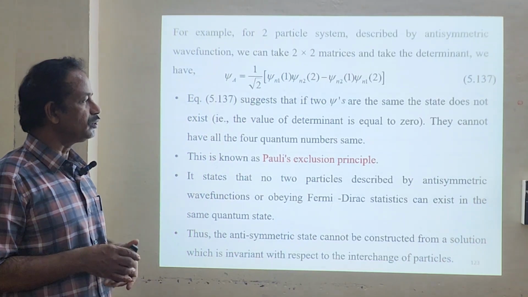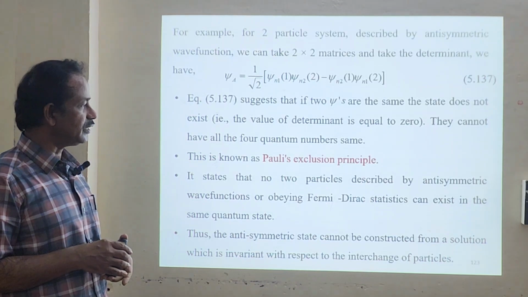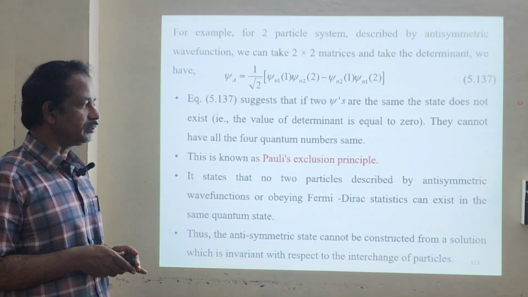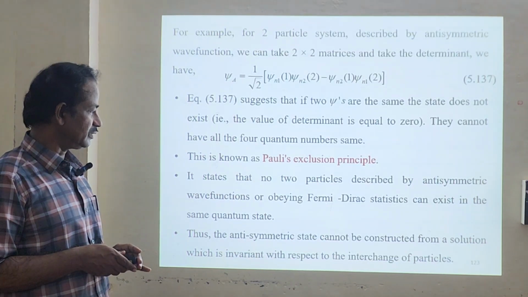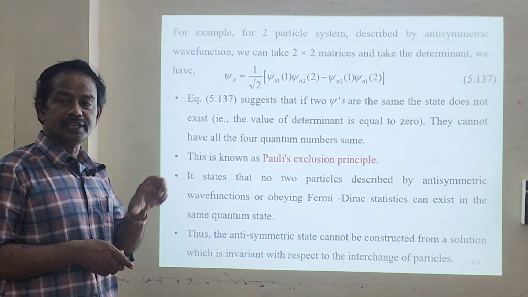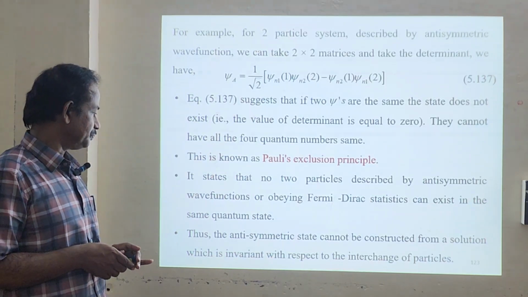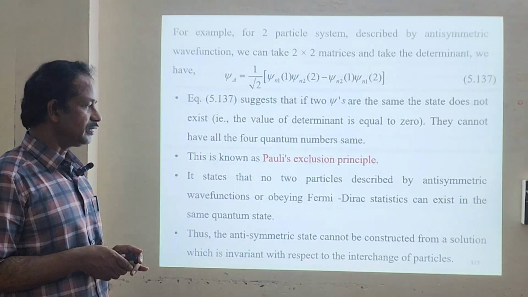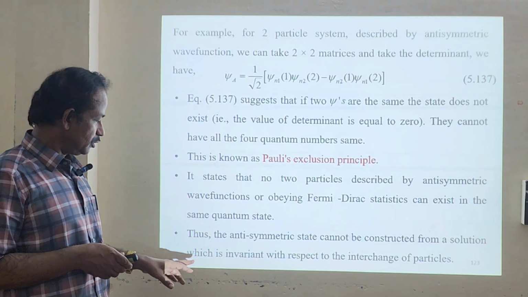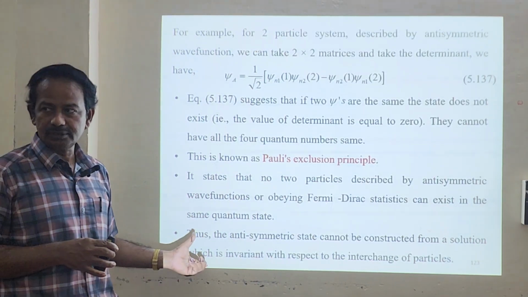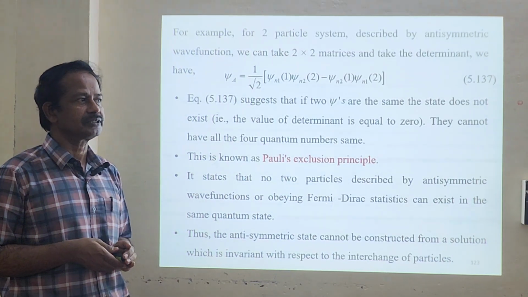So this is known as Pauli's exclusion principle. It says that no two particles described by antisymmetric wave functions obeying FD statistics can exist in the same quantum state. So we cannot accommodate two fermions in the same state. Thus the antisymmetric state cannot be constructed from a solution which is invariant with respect to the interchange of particles. So this is the conclusion, a very important conclusion.